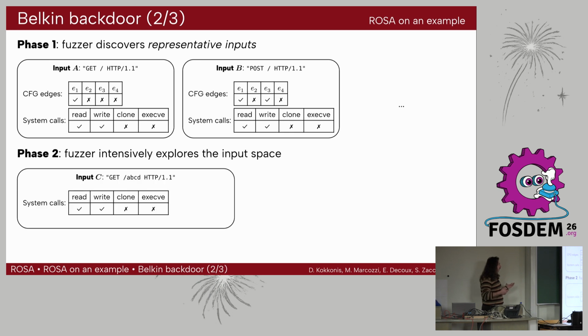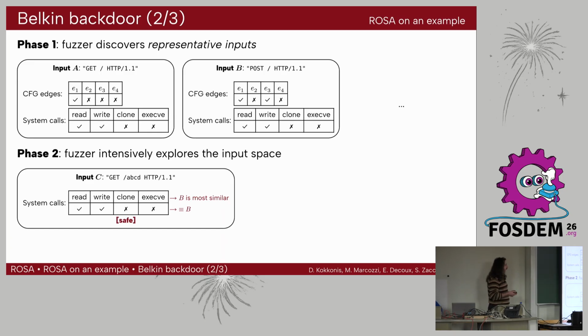Let's say the fuzzer mutates the input a little bit and hits this other endpoint, and that produces some system calls. We first choose the most similar representative input from the first phase. Let's say that it's B in this case, and we compare the system call vectors. If they're the same, then the behaviors are equivalent. Since the representative inputs are considered to be benign, we can assume that input C is also safe.